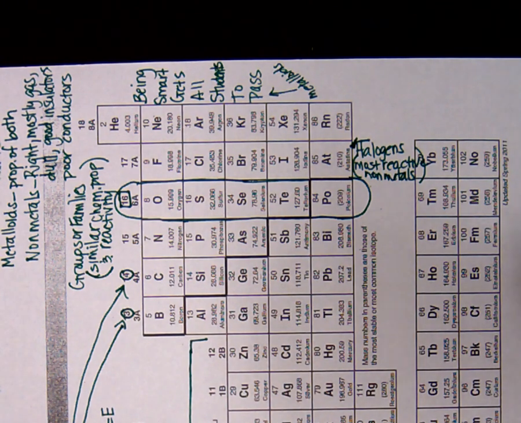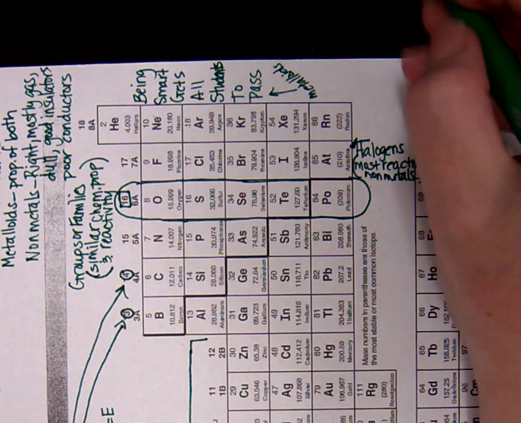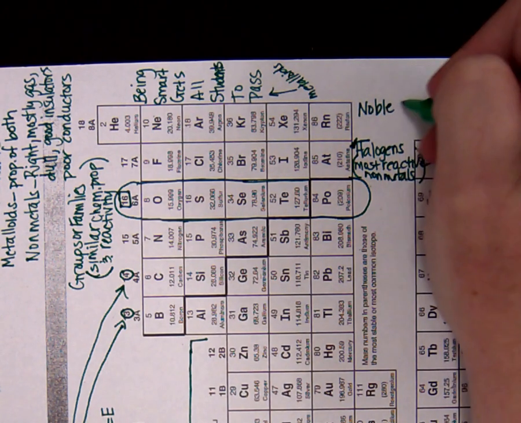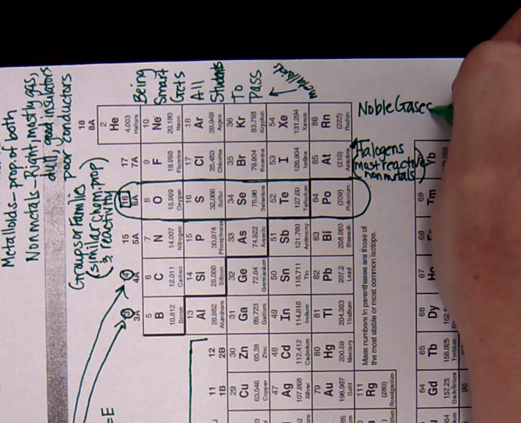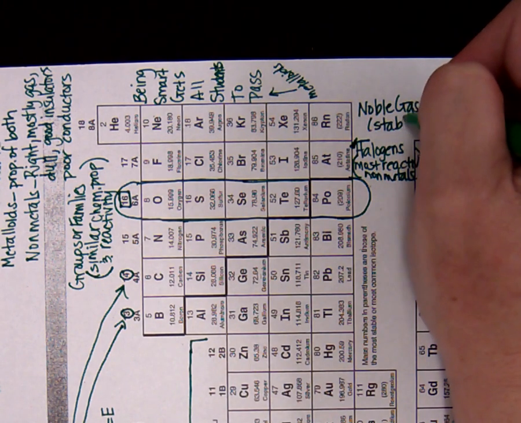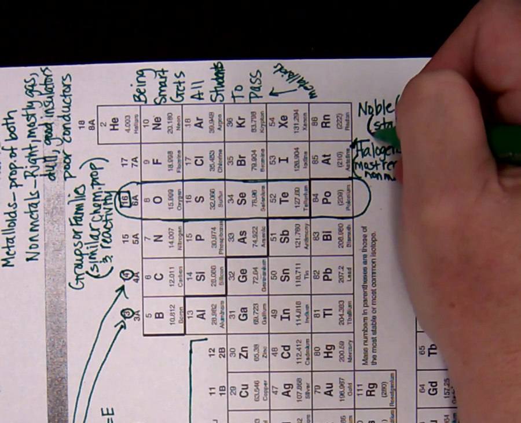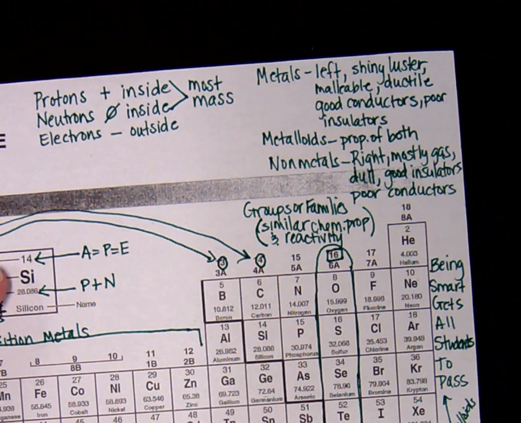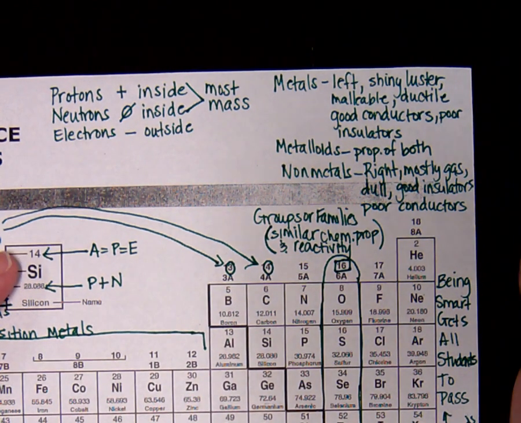Now group 18 are our noble gases. These are very stable. They are non-reactive. And this is because they have 8 valence electrons.